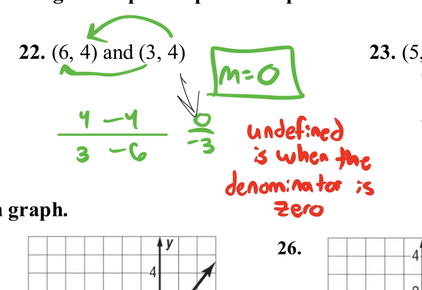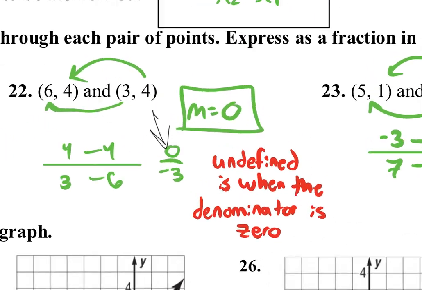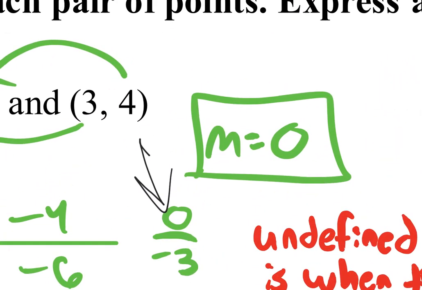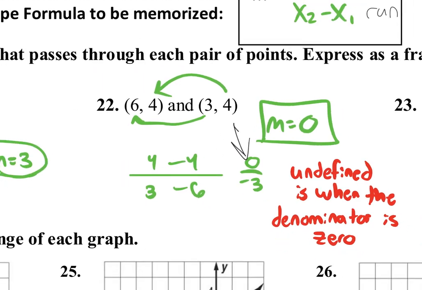The numerator being 0 is fine for slope. That just means we have a slope of 0. It means we didn't go anywhere up or down, but we traveled some left and right. Think about walking in a hallway. If you travel left and right, but you don't go anywhere up or down, you're walking on a slope of 0, a flat ground. So it's not undefined. This slope's equal to 0.